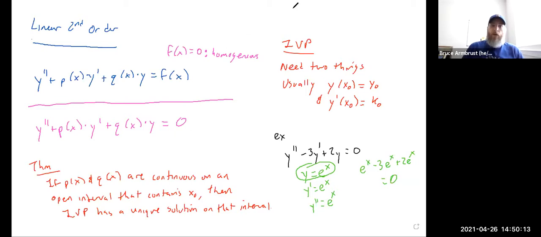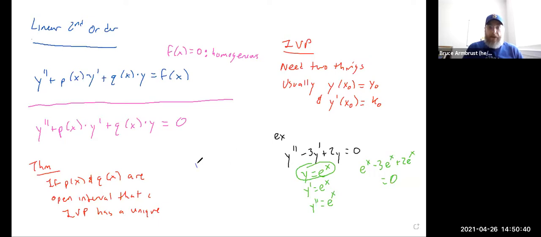So then you go, well, what about, say, sine of x? All right, if we tried sine of x, let me clear a little space here. Oh, by the way, now that I'm erasing it, we know for sure there's a solution here to any initial value problem because p and q are both continuous. They're just constants, right? Anyway, what if we said, okay, let's try sine of x. So y prime is cosine, y double prime is minus sine.